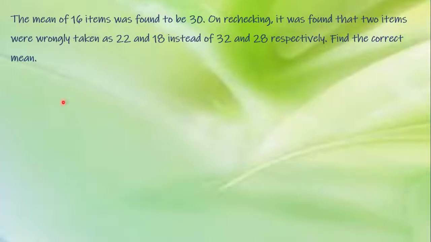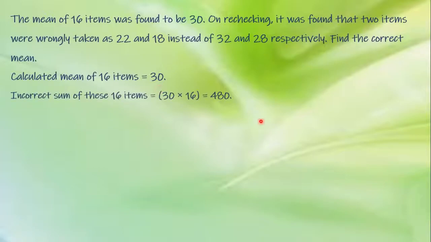The wrong numbers are 22 and 18 and the correct numbers are 32 and 28. Let's do the same as in the previous question. The calculated mean for 16 items is 30. So we can find the incorrect sum from there, right? So the incorrect sum is 30 times 16, which is 480.